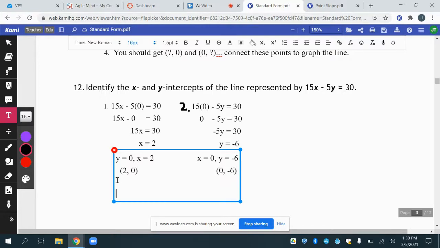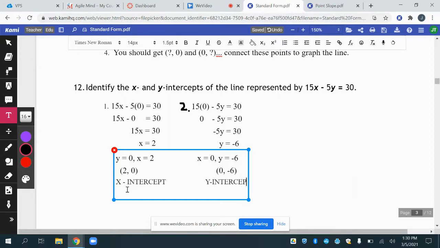Notice this is where the y is 0. So the x-intercept is 2, 0, and the y-intercept is 0, negative 6. And that's what we end up with.